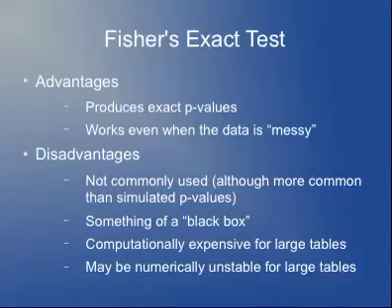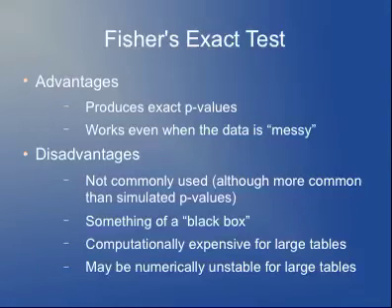It's because this is another one of those things that for a long time nobody learned about because we didn't have the software to compute it, and it was a pain to compute by hand. Whereas chi-square tests were easy to compute by hand, but now most statistical software packages will compute Fisher's exact test.